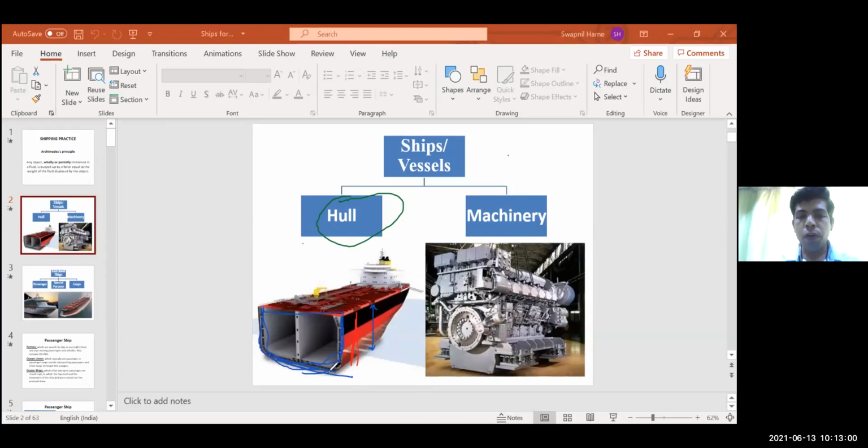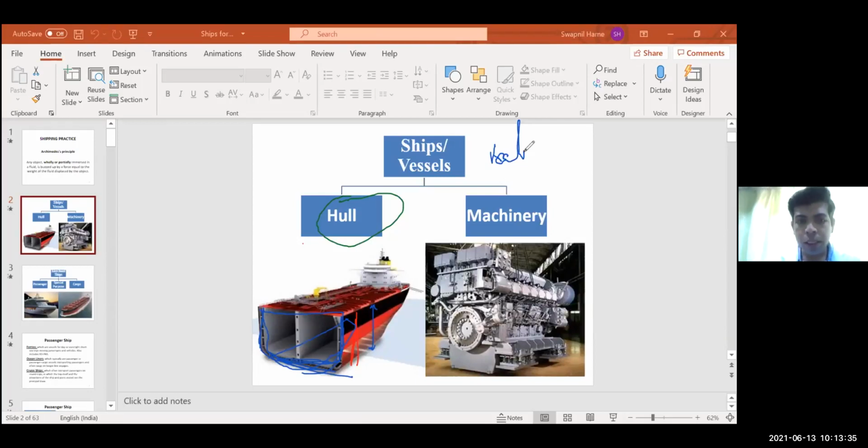Someone says bottom of a ship. Now when ship construction starts in the yard, the very first plate laid for the construction is this bottom one. And this bottom plate has a particular terminology called a keel, not KIIL, it's K-E-E-L, keel.